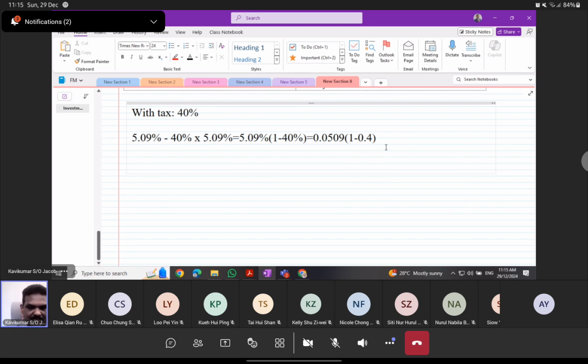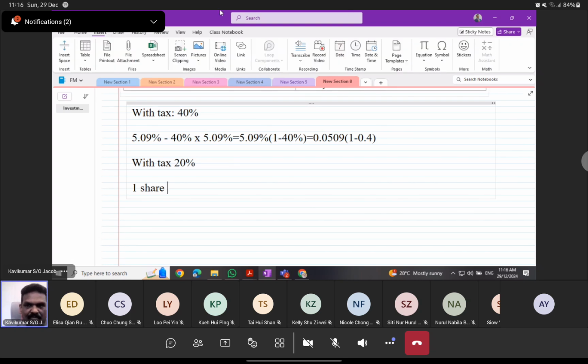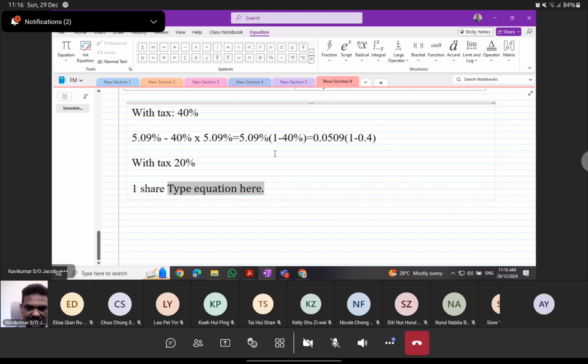Suppose with the tax 20%. For example, one share. So you're earning for one share 5.09%, right? Then you have to pay back.